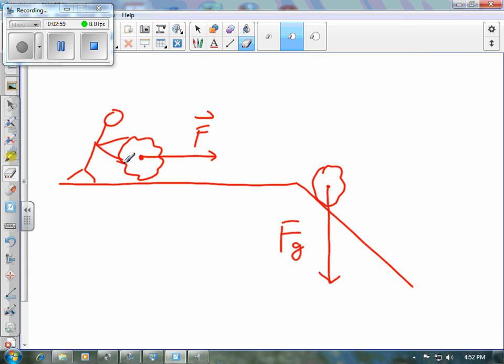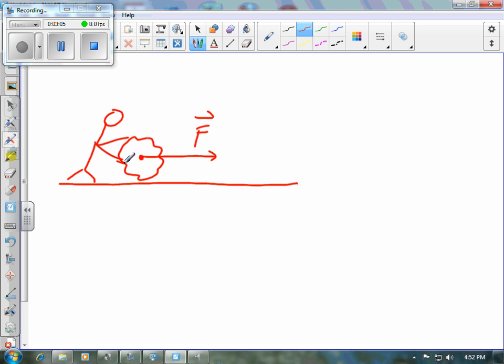And in everyday life, let's just back up to this thing here. In everyday life, the second you stop pushing that rock, it's going to stop going, right? You stop pushing the rock, it's going to roll to a stop very quickly. So it makes sense to say that for an object to go, it must have a force all the time.